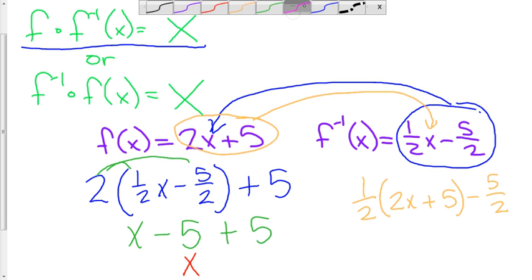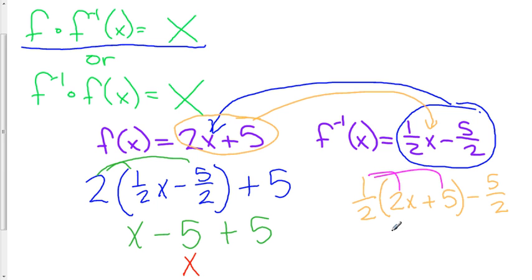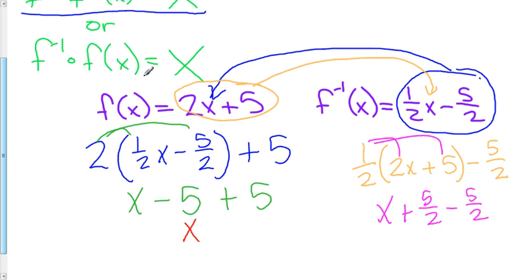Distributing this would get you x plus 5 halves minus 5 halves. And plus 5 halves minus 5 halves turns into 0. And so you're left with just x. And so again, it shows that they are inverses of each other. Now, I don't expect you to have to do both methods. You can choose one or the other.